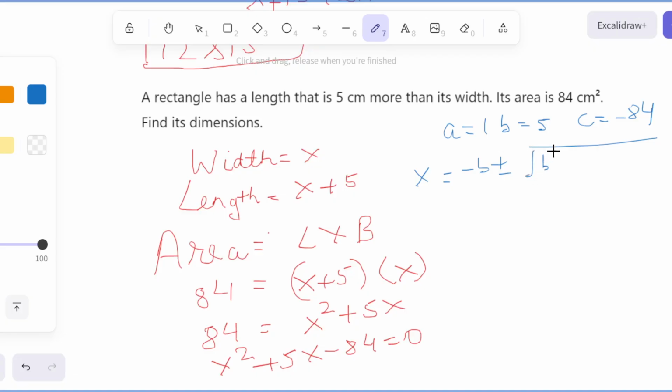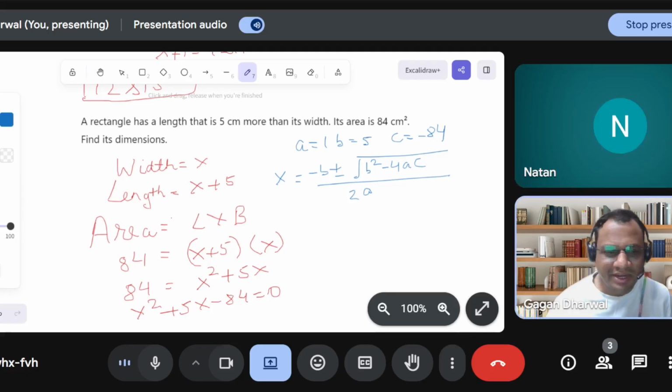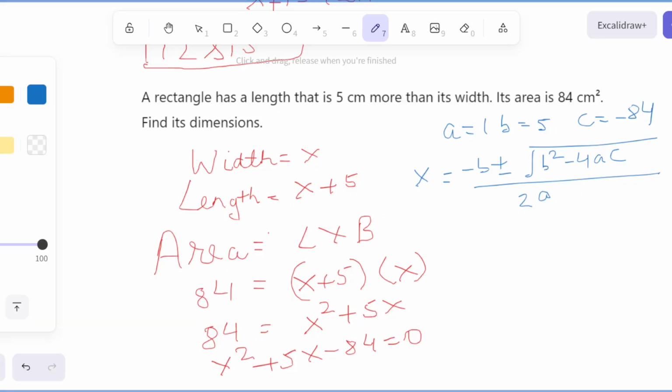This is easy to do. The quadratic formula is easy because splitting the middle term sometimes takes time to figure out the numbers which add up to b, and when you multiply them, the answer comes out to be a times c. That sometimes becomes challenging, so you can use this quadratic formula.